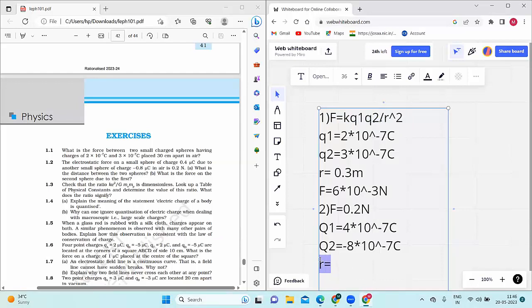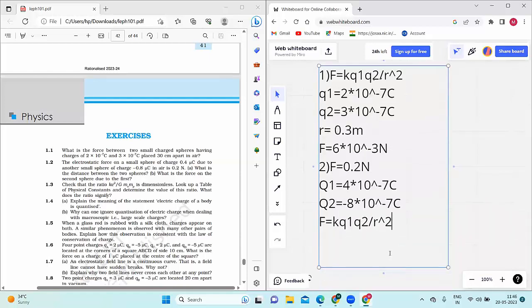Again using the formula F equal to k Q1 Q2 by R square, we have force 0.2 Newton, Q1 is 4 into 10 power minus 7 coulomb and Q2 is minus 8 into 10 power minus 7 coulomb.